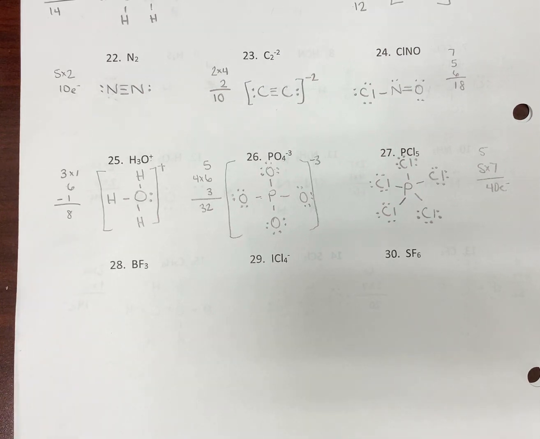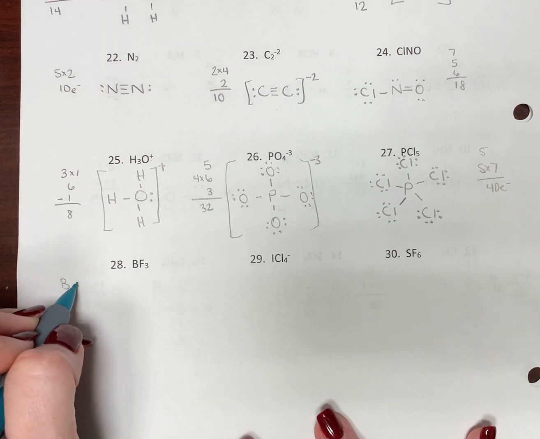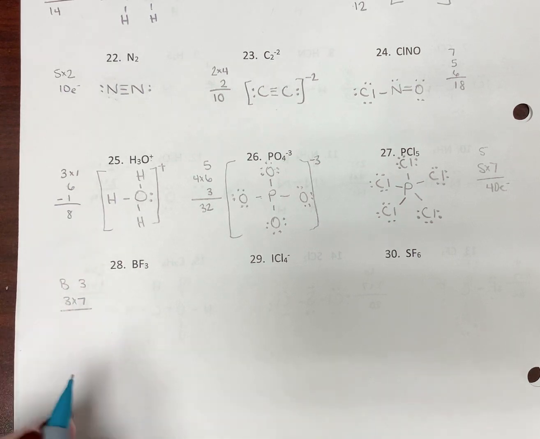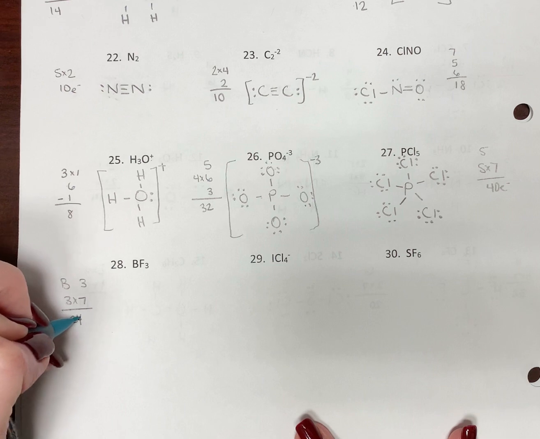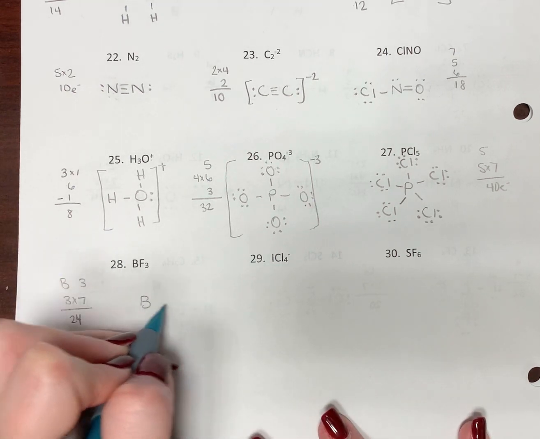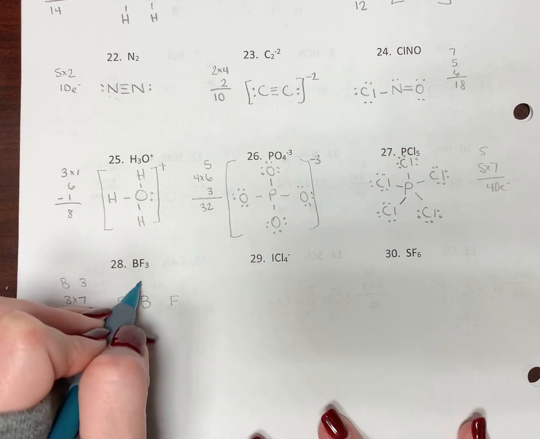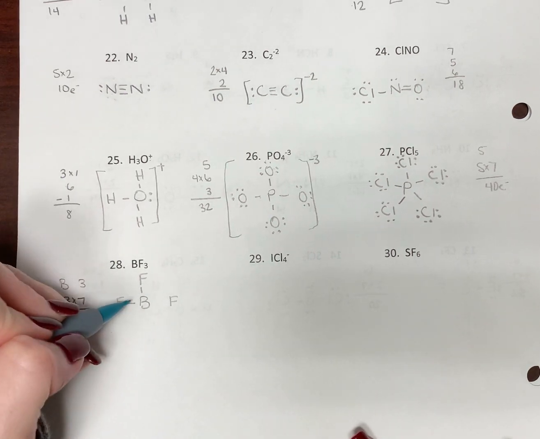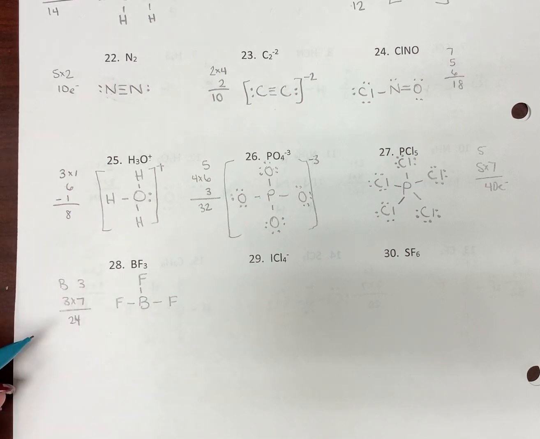Now let's look at this next one. We have boron. Boron is an example of an incomplete octet. So count your electrons. Boron has 3, and then fluorine has 7, so we've got a total of 24. Now, boron is an incomplete octet, and it is actually happy with only 6 electrons.